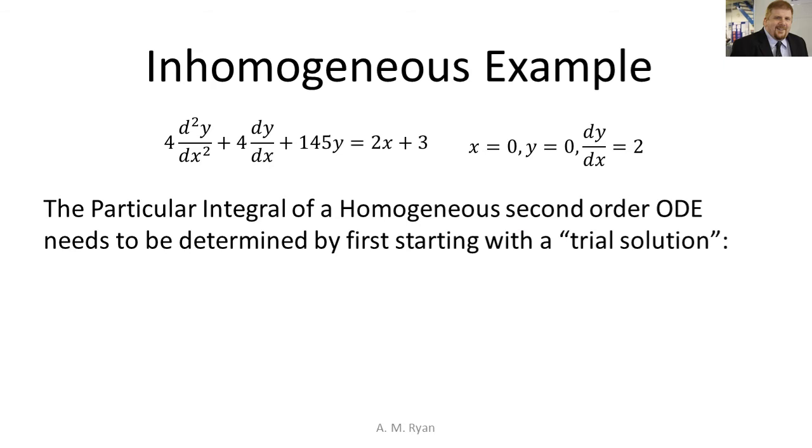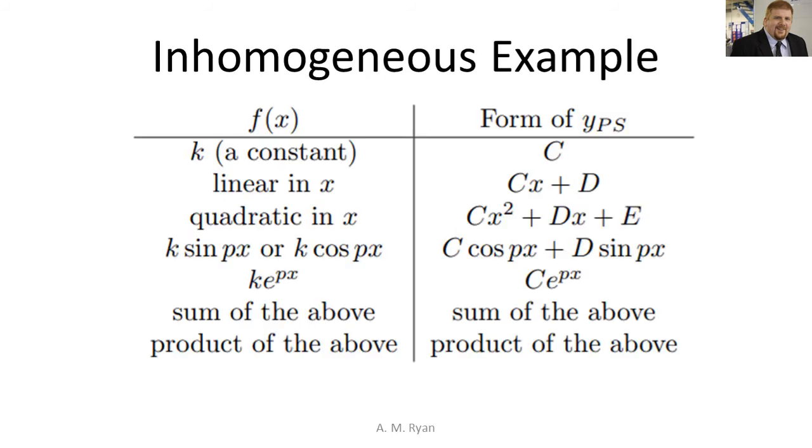But we're guessing what the answer is logically based on what the right hand side of our equation is in the question. So here we have 2x plus 3. That is a linear equation for x, so our trial guess needs to also be a linear equation. If this were a constant, our trial guess would be a constant, and that's seen in this table here.